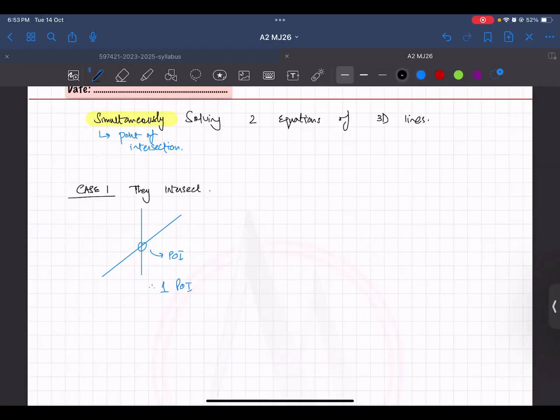Second one, they are parallel and not overlapping.